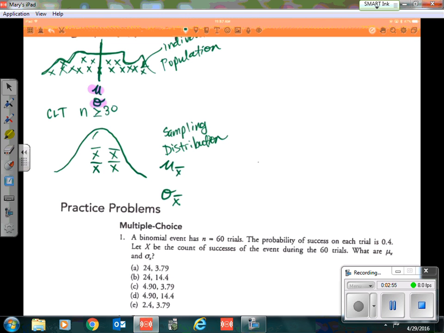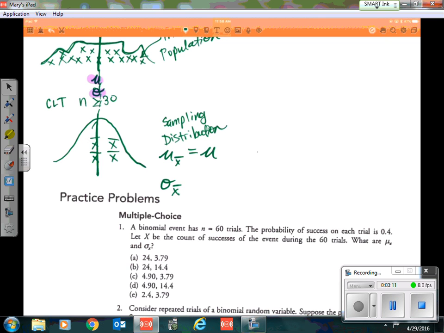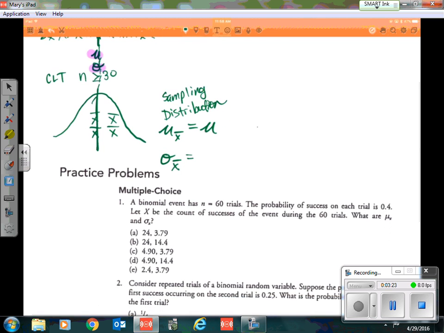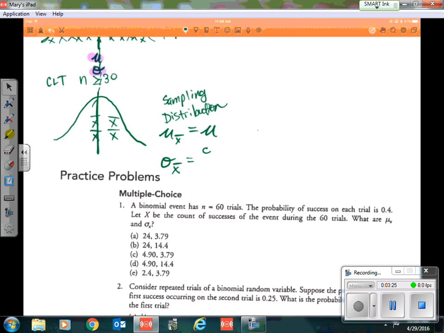So what does it look like from my picture that the center of my sampling distribution is? Same, good. It looks like the center of my sampling distribution is the same as the population, mu. So that's all good to go. Now, what would you have to say about the variability of this sampling distribution down here compared to the population? It becomes more compact. In fact, mathematically, it is the population standard deviation divided by the square root of n.